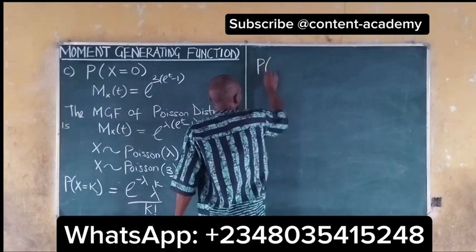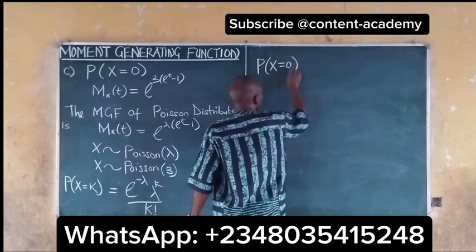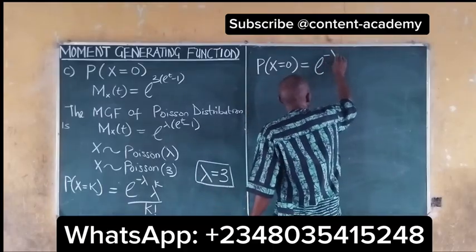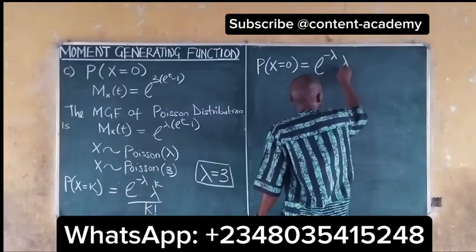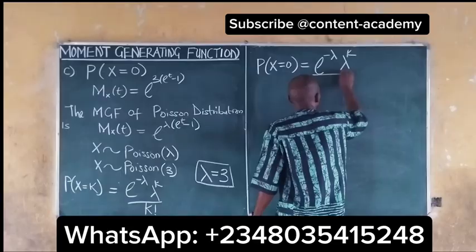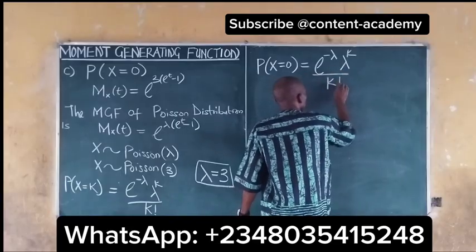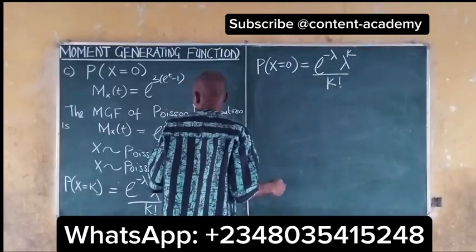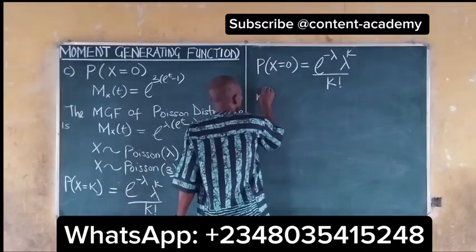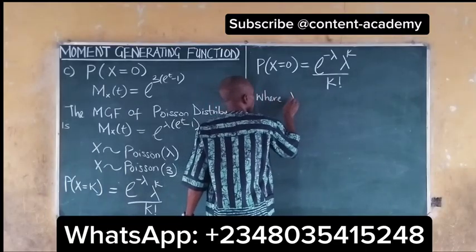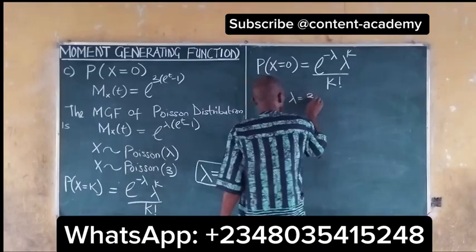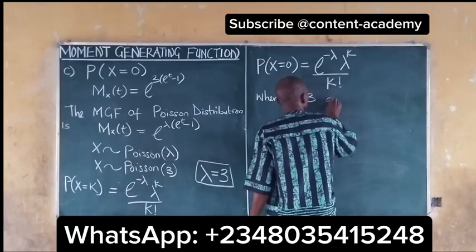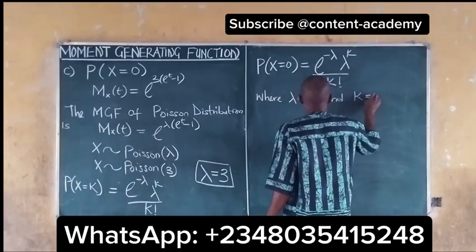The probability of x equal to 0 is equal to exponential negative lambda, lambda raised to the power of k, all over k factorial. Now, we substitute all the values we have, where lambda is equal to 3 and k is equal to 0.